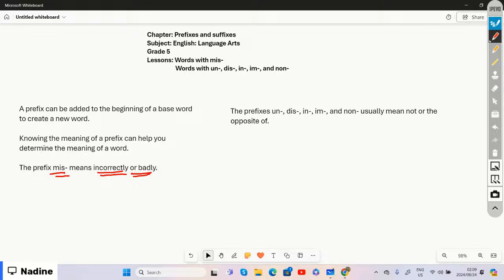And the prefixes un, dis, in, im, and non usually mean not or the opposite of.